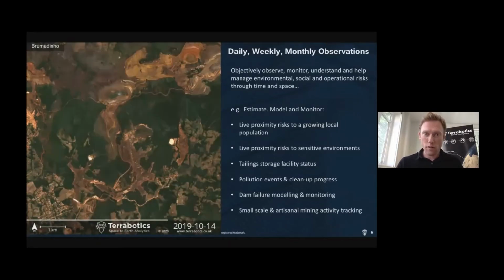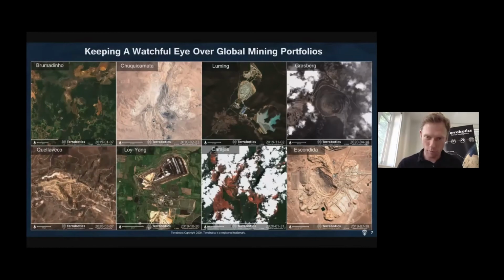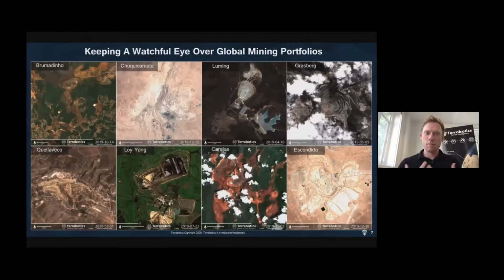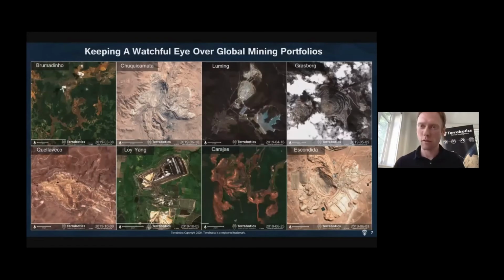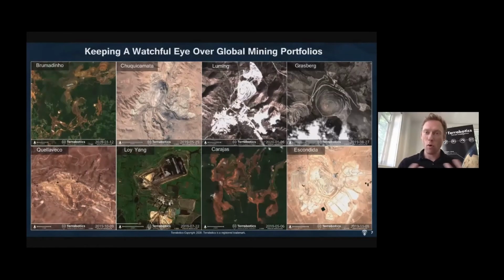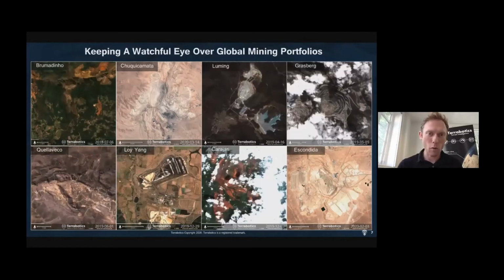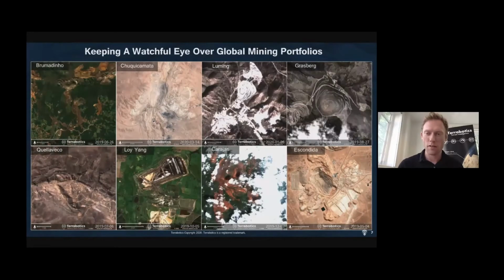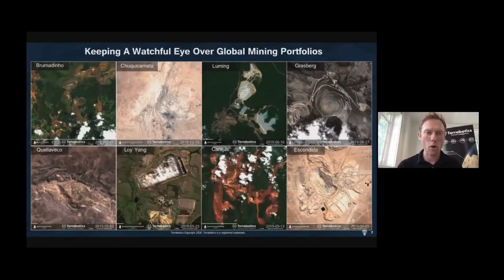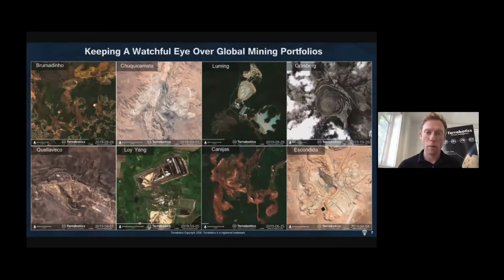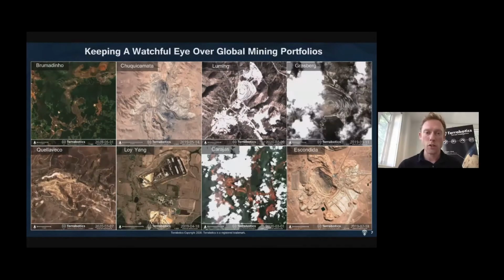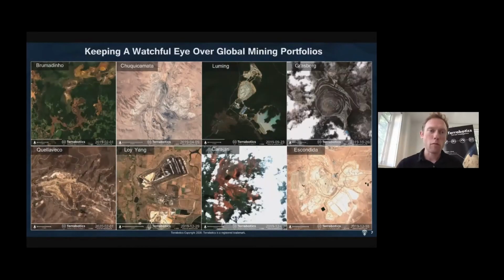And there is a lot of data coming from these satellites. So you could have every single mine in a portfolio being mapped for a single company, or an investment fund, a pension fund, all of its assets that they invest into being mapped and monitored on an almost daily basis to spot risks happening and evolving, and check on what's actually being reported.